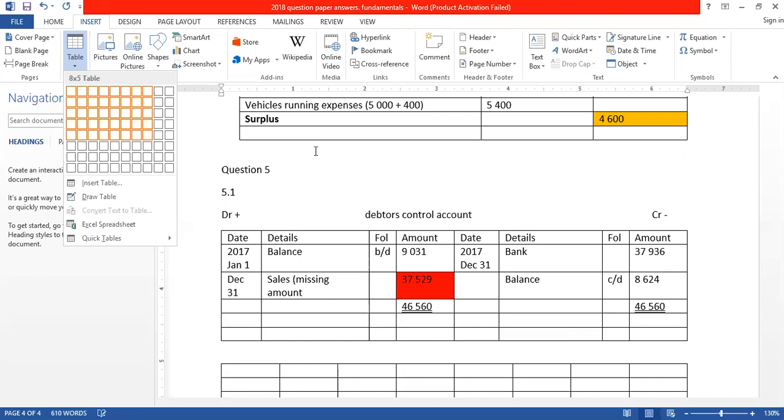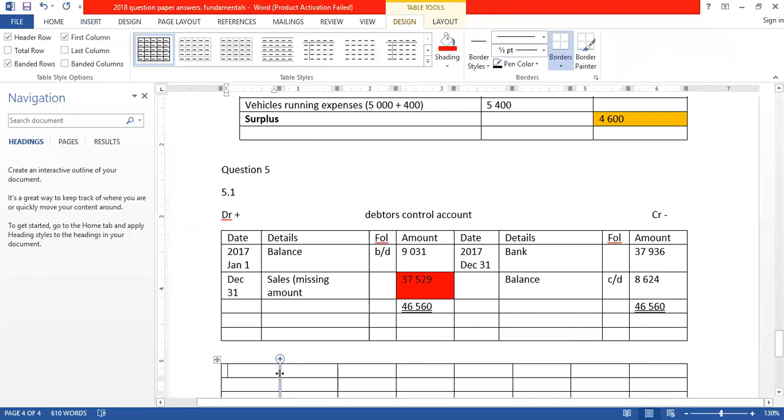When you buy stock on credit, the people you buy from are known as your creditors. That's why when you are not given your purchases amount, you are required to draw up a creditors control account to help you get it.